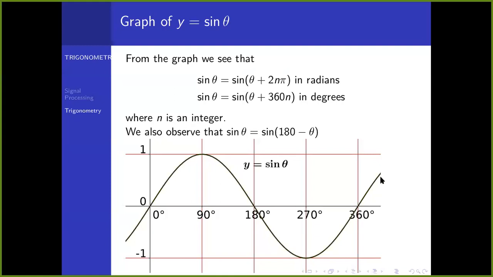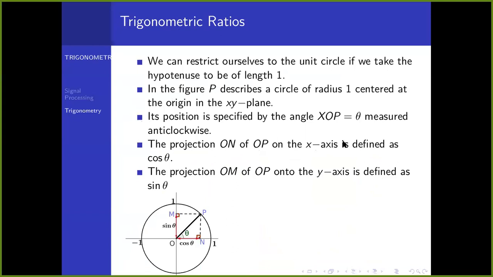To see why it repeats, we can just go back to this circle. What happens is that you keep going around. If you start from here, for instance, and you're measuring the sine, eventually you will come back again to the same spot after one full cycle. Then you repeat the same cycle if you're still measuring larger and larger angles. So again, you come back, it keeps repeating.